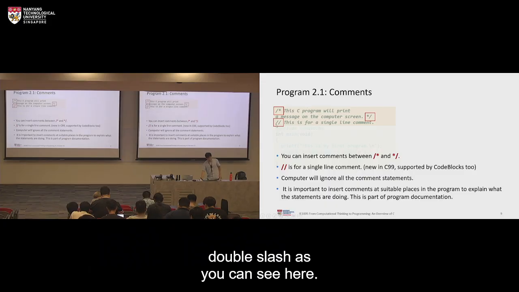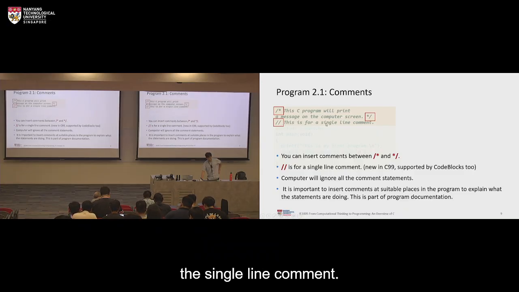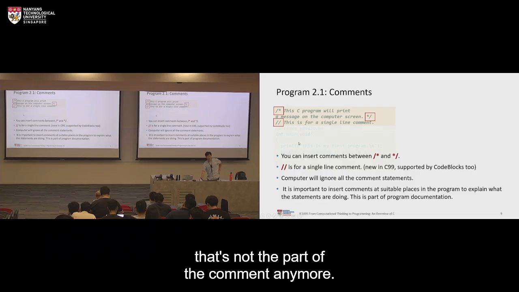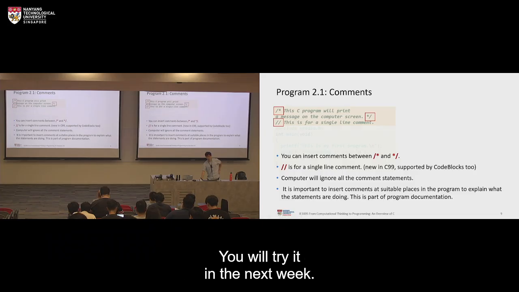Then you can also use double slash, as you can see here. This is for a single line comment. You don't have to close it. Once you hit enter, that's not part of the comment anymore. So you will try it next week.